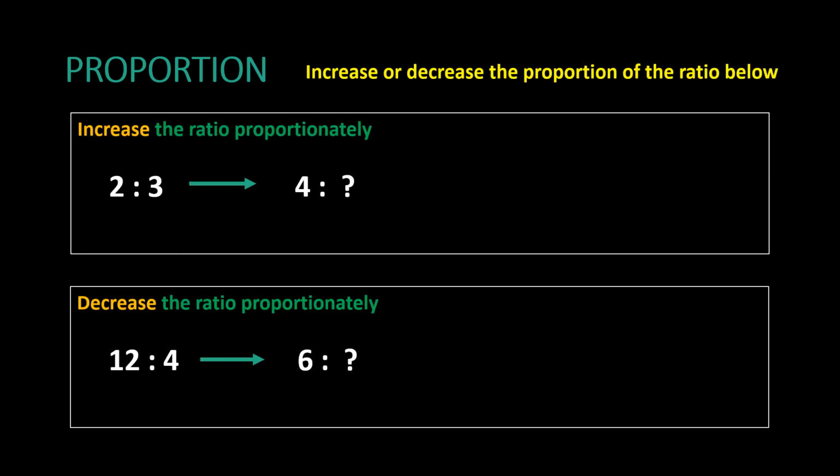Let's try some examples. You can either increase or decrease a proportion. So the first example, increase the ratio proportionately. You have 2 to 3, and we want to increase 4 to something. So what you can do is this: 2 over 3 equals 4 over something we don't know.